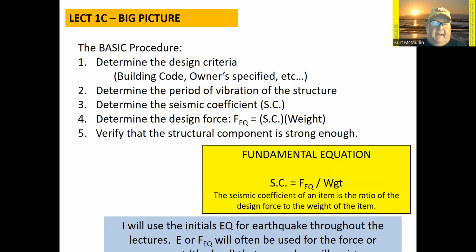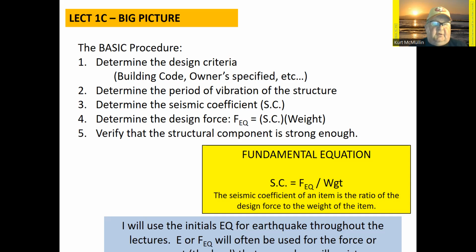There's a real basic procedure that a lot of building codes and a lot of design work follows. First, we determine the design criteria. For the vast majority of projects, that's going to be the building code. However, sometimes the owner of the structure may have their own design criteria that either equals or exceeds the requirement of the building code.